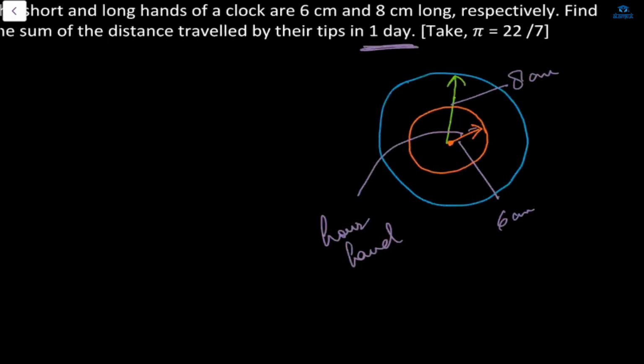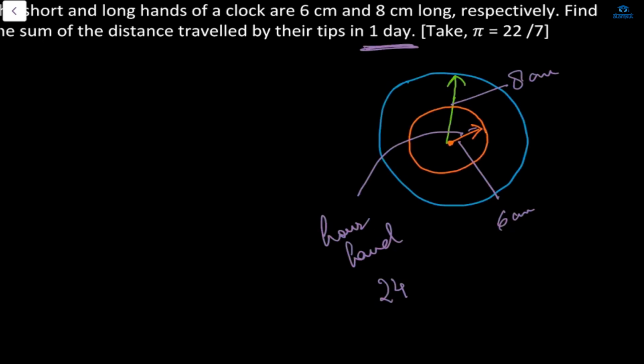How many revolutions will it make in one day? That will be 24, because there are 24 hours in a day. So 24 times this small hand of the clock will make a revolution. Whatever is the circumference of the smaller circle, you have to multiply it with 24, because 24 times the tip of that smaller hand is going to make a circle.